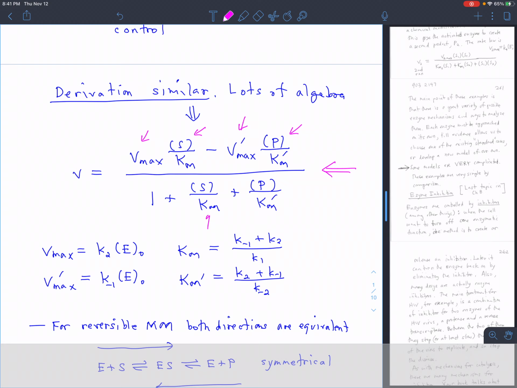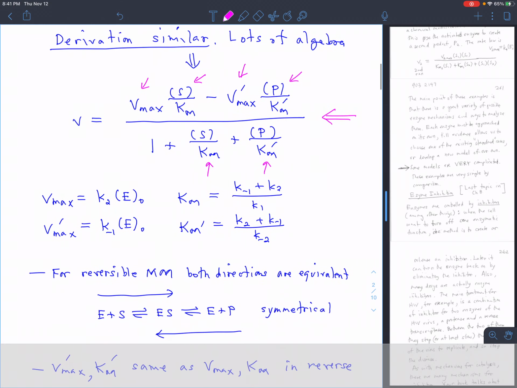And instead of there being just one Km, there's a reverse Km. And you can see that the definitions of all four quantities are the same as they are for regular Michaelis-Menten, except that wherever there's the forward value, you put in the equivalent thing for the backwards reaction.